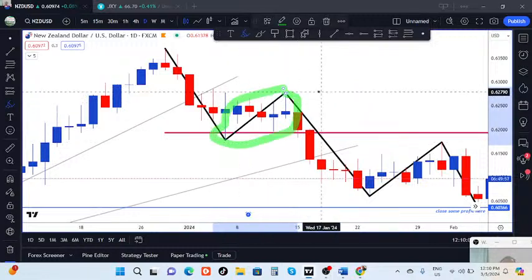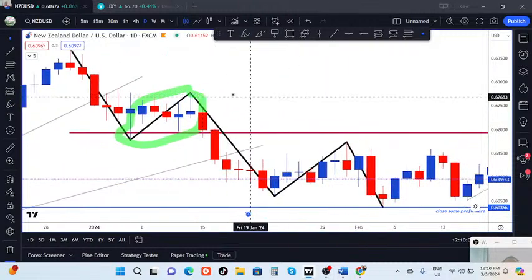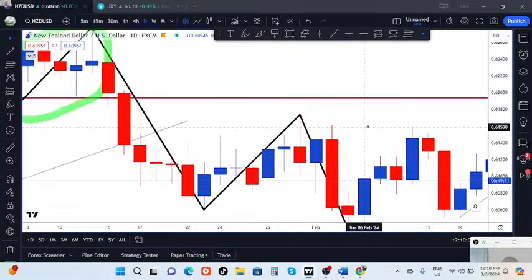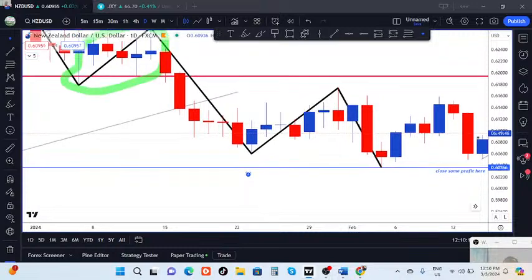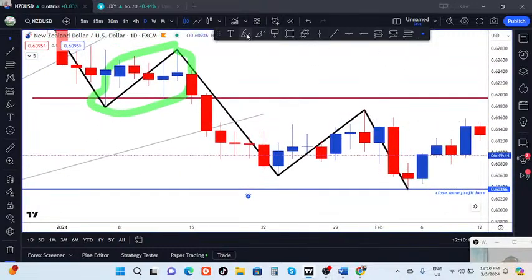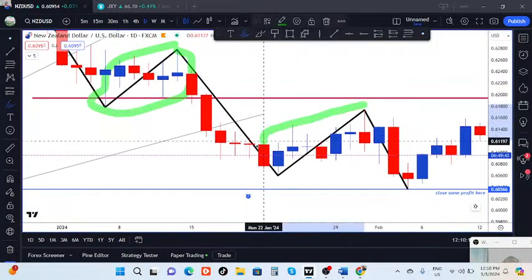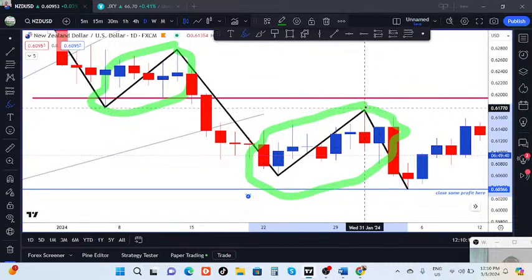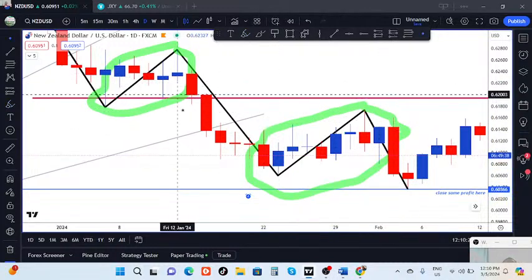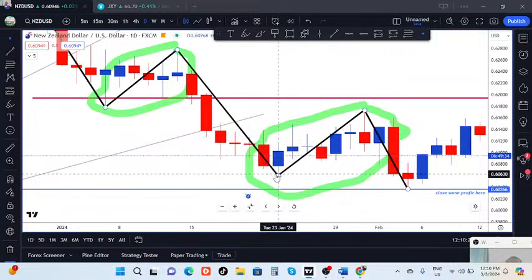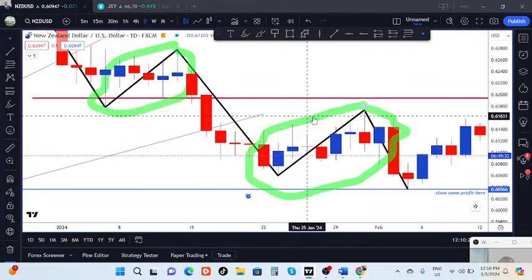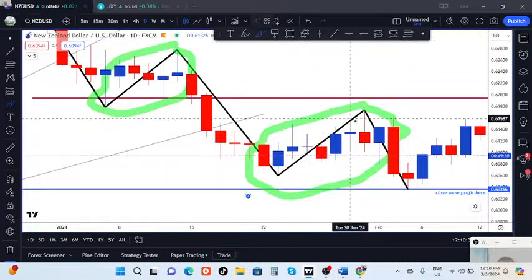But if you take a very close look at the next market movement right here, you see that there is a very big difference in this first circle and this second circle. You see, there is a difference in the two. Now this low and this high are relevant, okay.